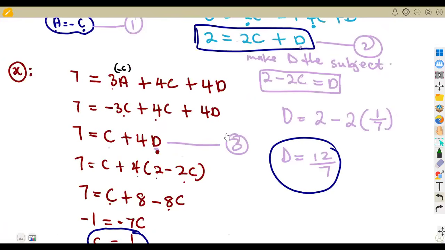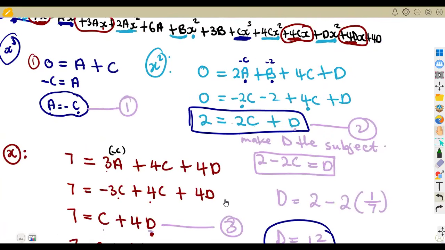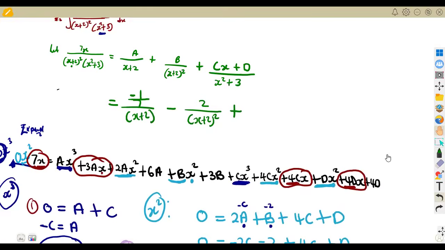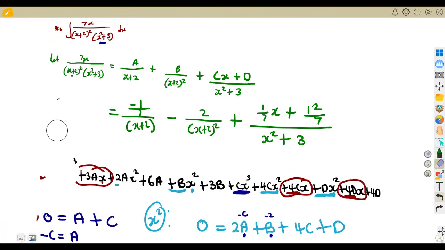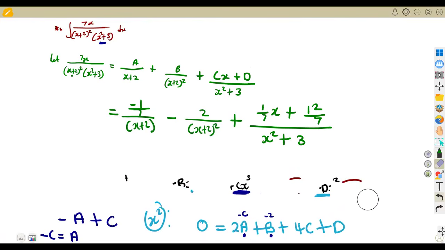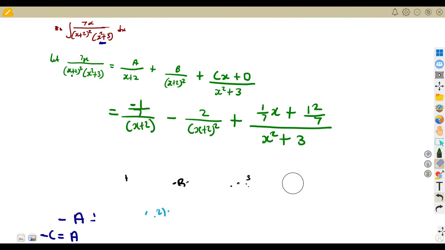So we substitute: 1/7 x plus our d, which is 12/7, everything over x squared plus 3. This is what we're supposed to have from our partial fractions. We just wanted something of this nature, something that we can integrate and work with in our integrals.